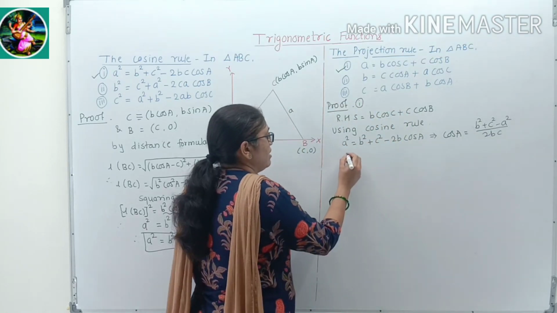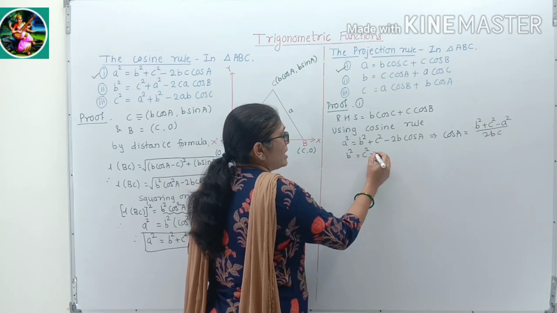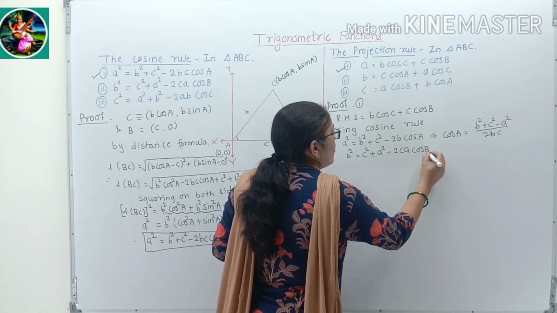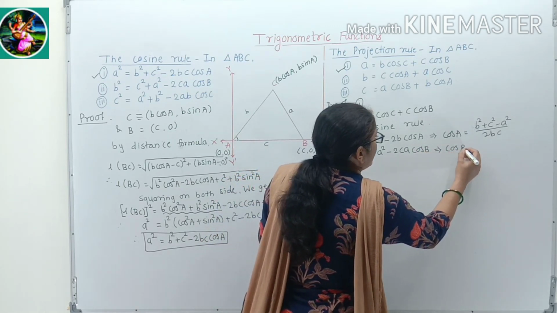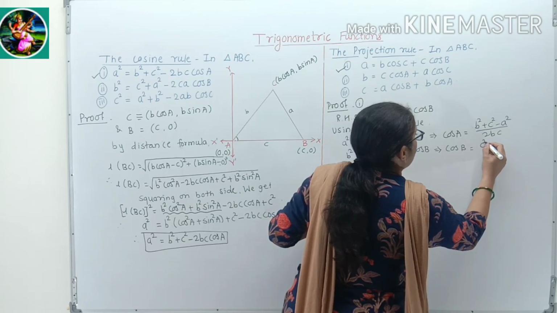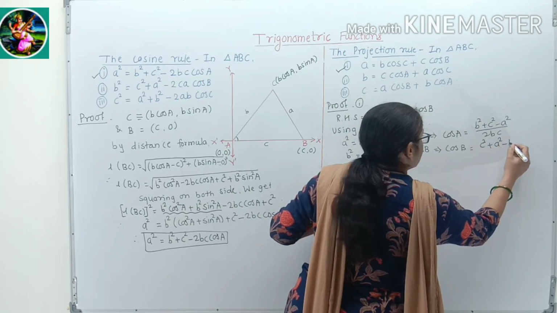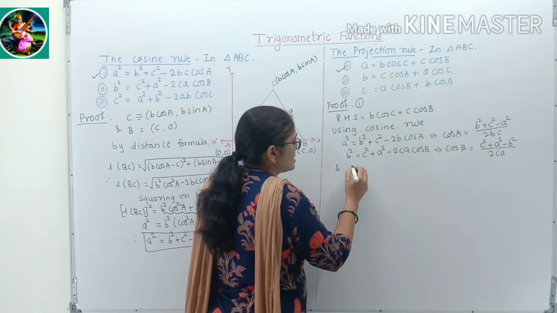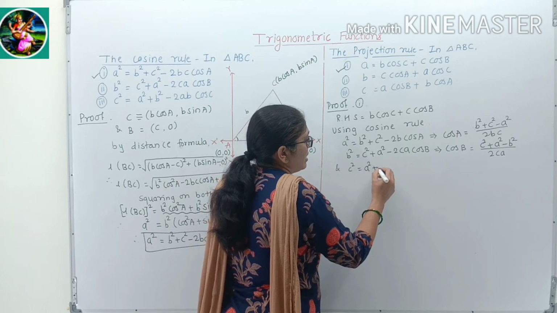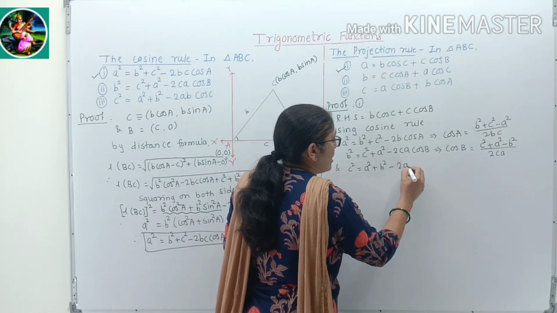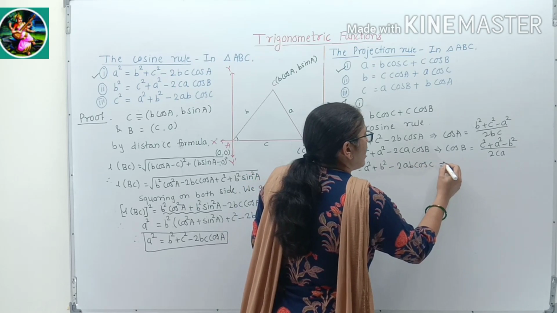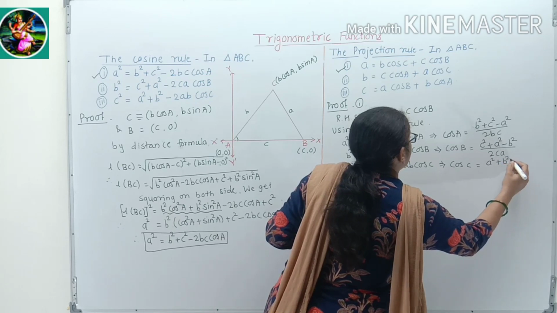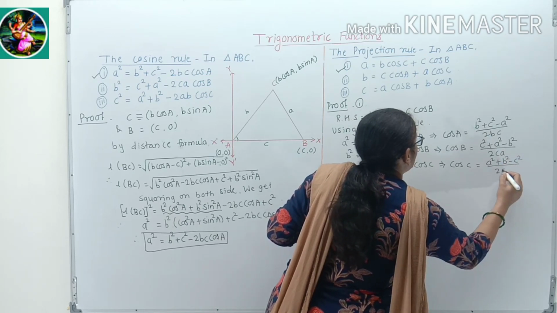Similarly, b square is equal to c square plus a square minus 2ca cos B will give cos B is equal to (c square plus a square minus b square) divided by 2ca. And c square is equal to a square plus b square minus 2ab cos C will give cos C is equal to (a square plus b square minus c square) divided by 2ab.